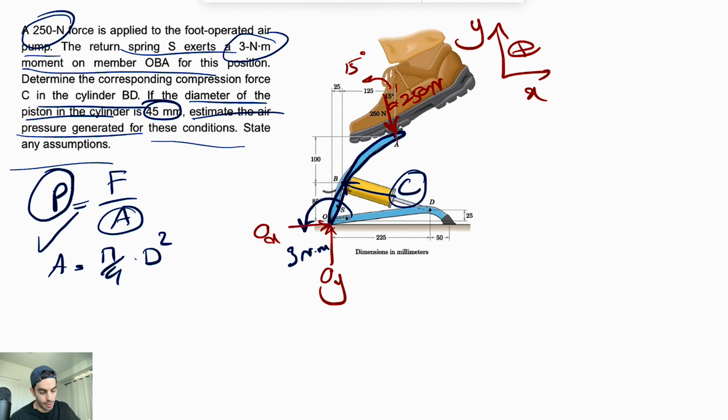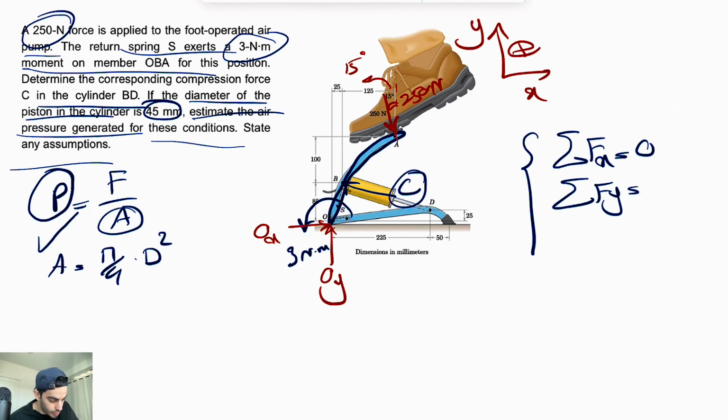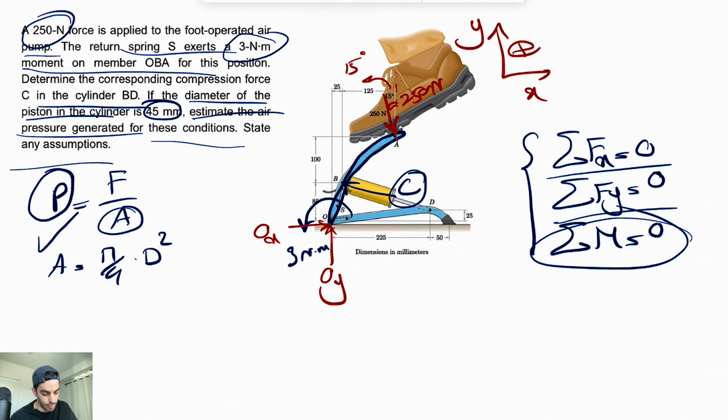And our first assumption in here is that we are in equilibrium, so our equilibrium equations are working in here. So we're going to have two force equations, one along x-axis, sum of all forces has to be 0 in x and y direction, and we're going to have one moment about any points that we want.